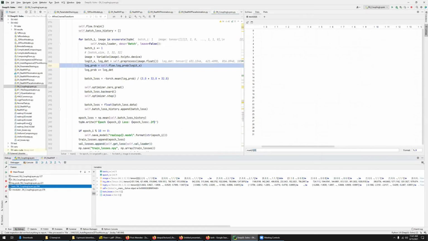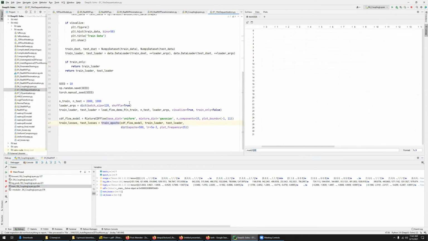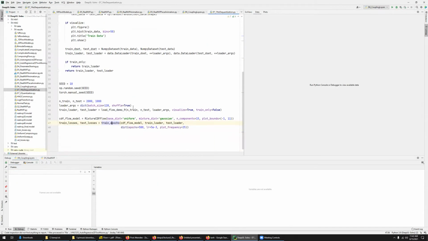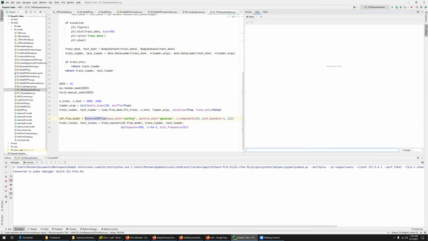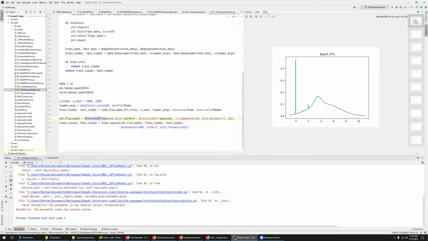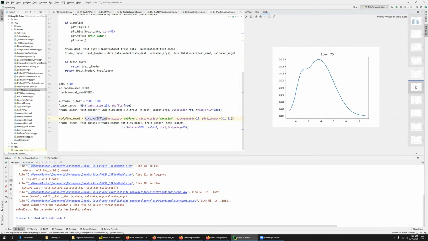Okay, let's see. Here is the first one, without dequantization, and it's the same thing. We're trying to fit a mixture CDF flow. This is the original data that they create, and then these are the different steps as it's trying to fit.